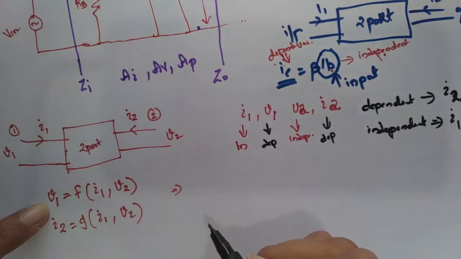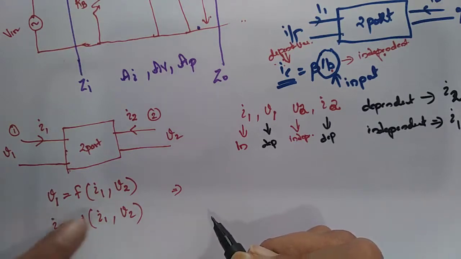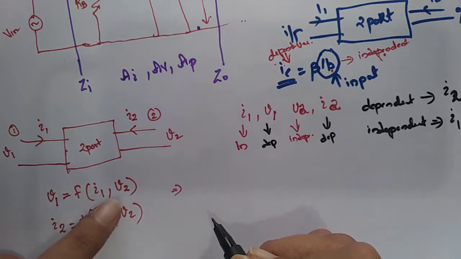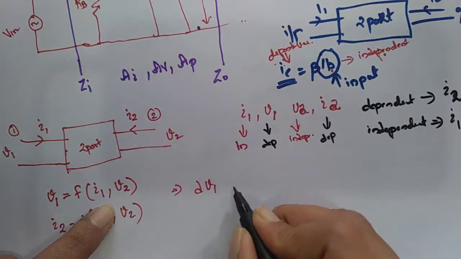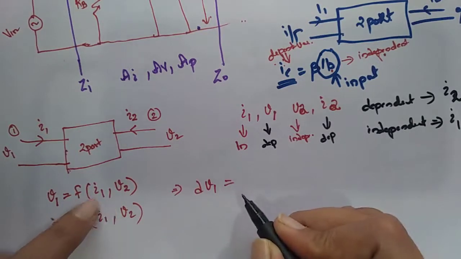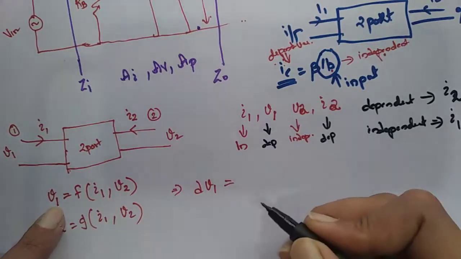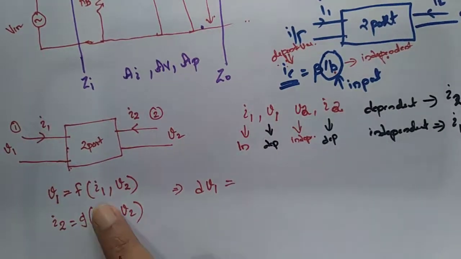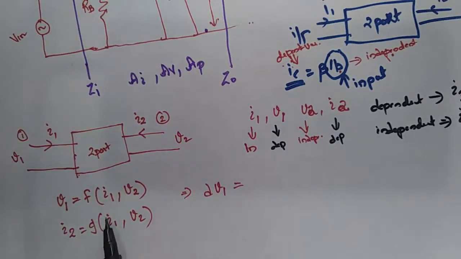To represent the change in voltage V1, what is the change of V1 with reference to these independent variables? I can write it as dV1. My change will be equal to the change with reference to I1, the sensitivity of the voltage V1 to the current I1.